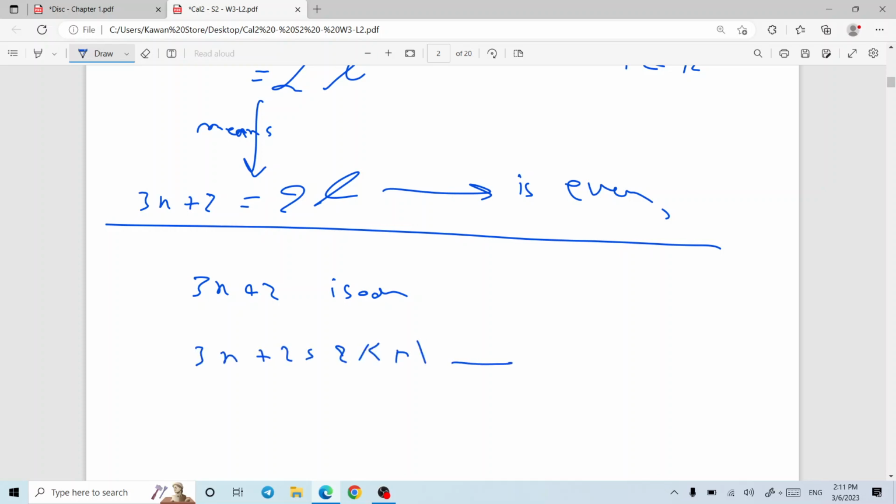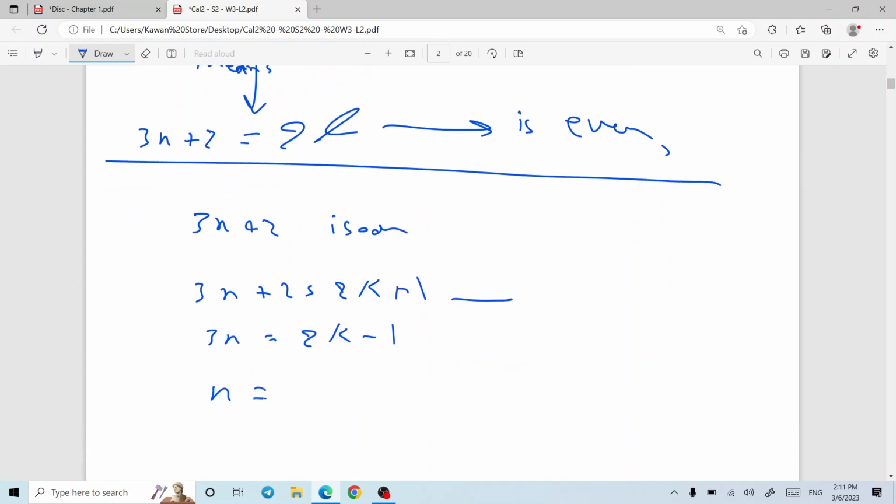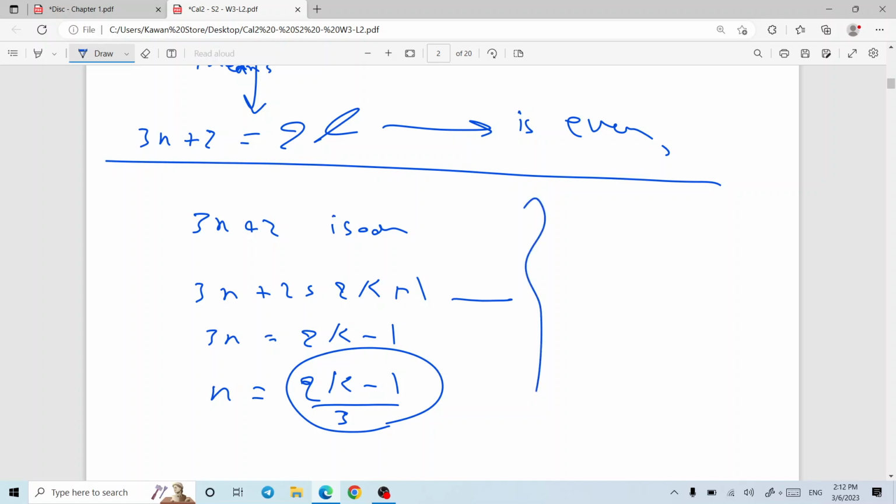Then you need 3n equal to 2k minus 1, so n equals (2k minus 1) over 3. How do you know whether that one is even or odd? It's not clear, right? You cannot decide whether n is odd or not. That's why we cannot use the direct method. Even though I said try at home, we did it because he asked.